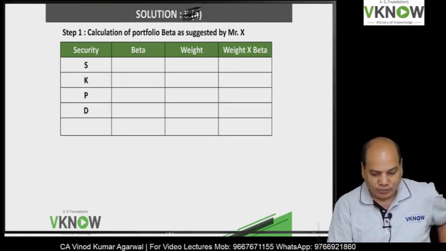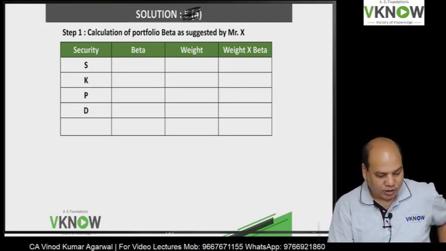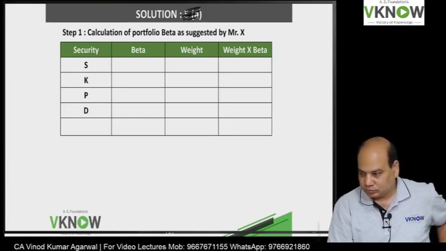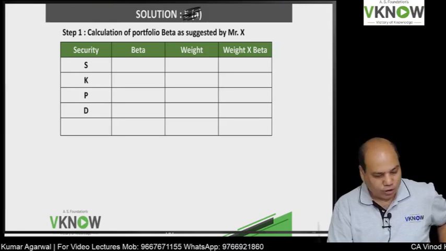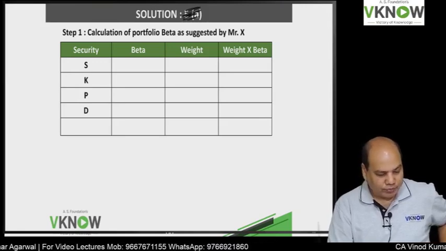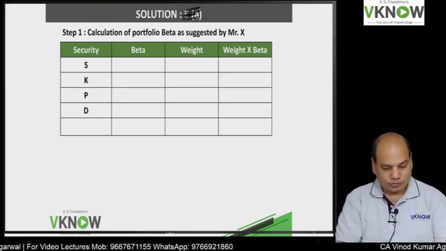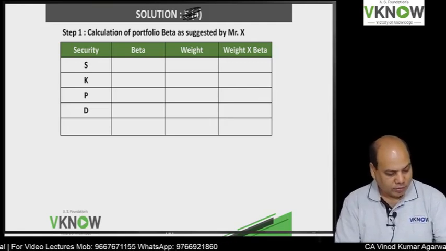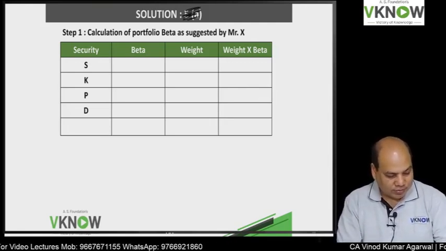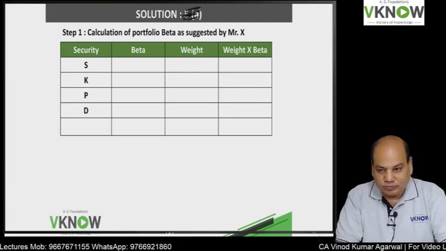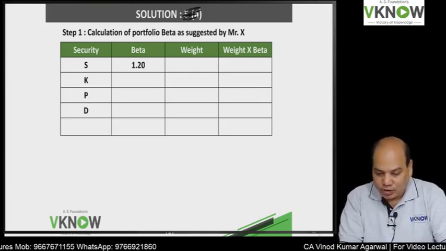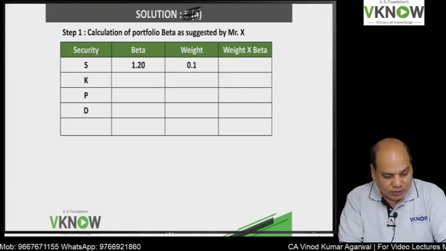Students will write security, beta, weight into beta. First chance to you. Please try. Mehul, please try. Preeti, please try.